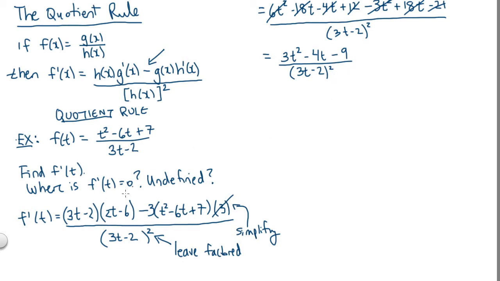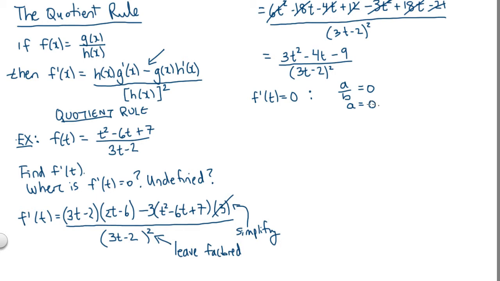So let's get going on answering our questions now that this is completely simplified. We would like to figure out where this derivative is equal to 0. Okay, so let's remember that if we're trying to set a fraction equal to 0, if we want a over b to equal 0, imagine multiplying both sides by b here.